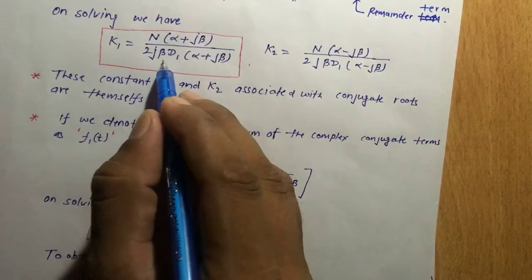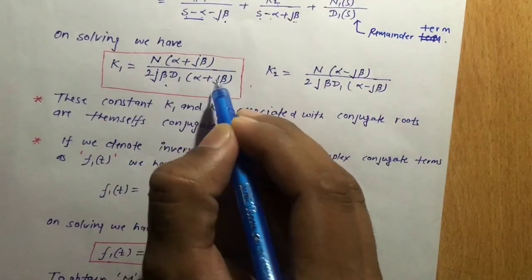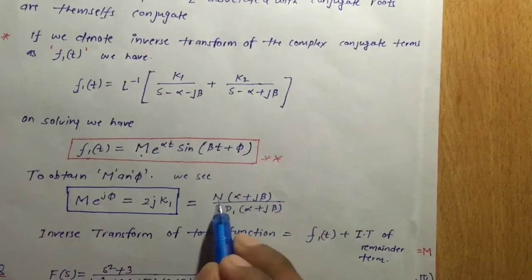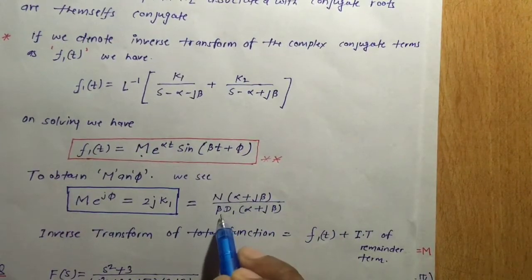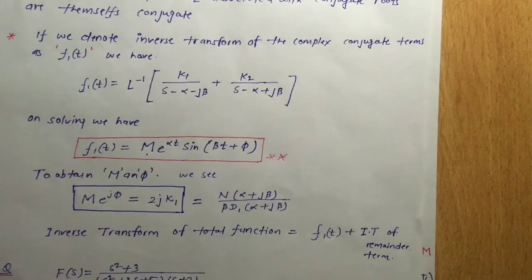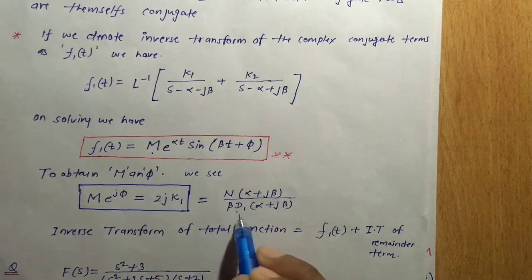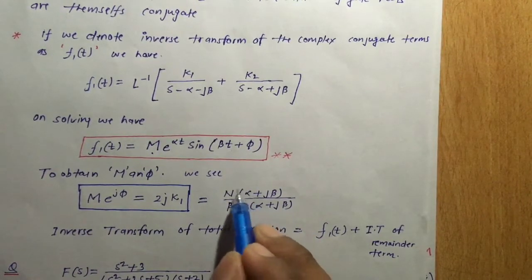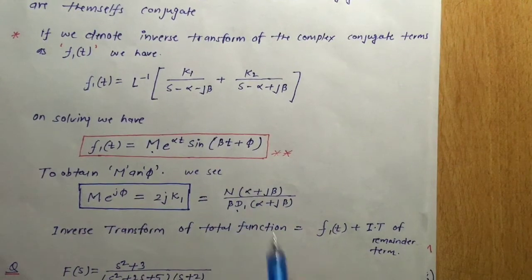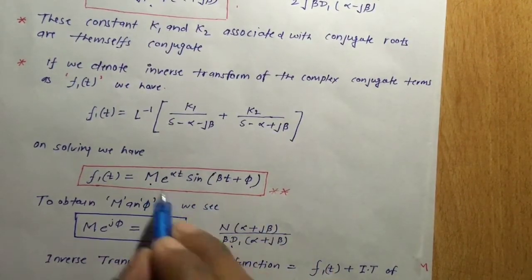If we multiply this K1 with 2j, we have the term N(alpha plus j beta) by D1(alpha plus j beta). Generally, the magnitude of this term is M, and the phase angle of this term is phi.